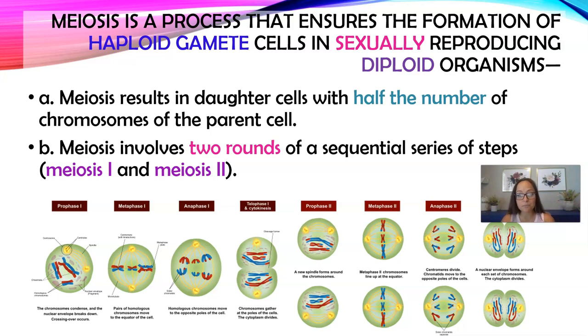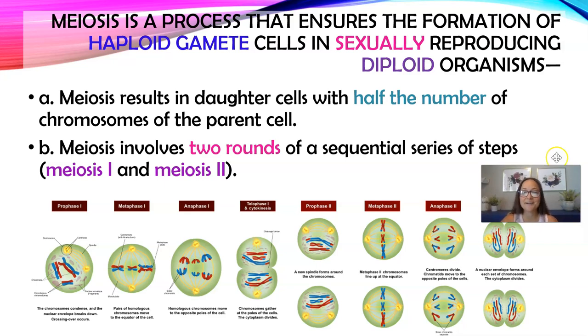We start with diploid, and then we divide all of those pairs apart in metaphase 1 and anaphase 1 in order to make sure that each gamete will get one of each kind of chromosome. But the problem is that the chromosomes are duplicated. So in meiosis 2, which is very similar to mitosis, we separate those sister chromatids. So we are having actual haploids with only one of each kind of chromosome.